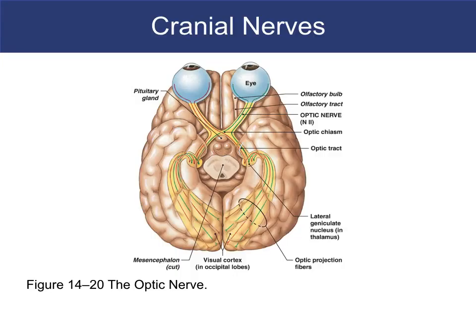For example, if this left eye is looking at something out here, the light from that comes in through the lens, and it goes over here to this part of the retina. Now, let's say instead of it being here, that it's way up there on the wall. So this eye sees it with this side of the retina, and this one does too.